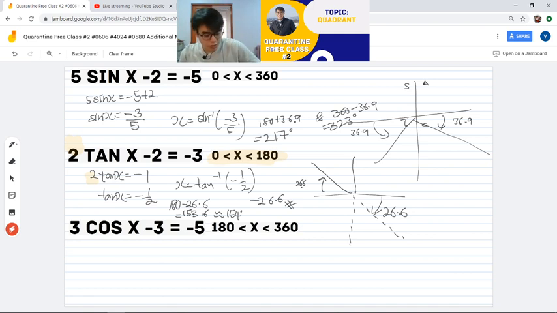Okay, so always when you notice that the answer you've gotten is negative, do not take it lightly. You have to analyze the results and see whether you have to plus or minus the results that you've gotten. So to get to the final answer of 154, you're required to take 180 minus 26.6.